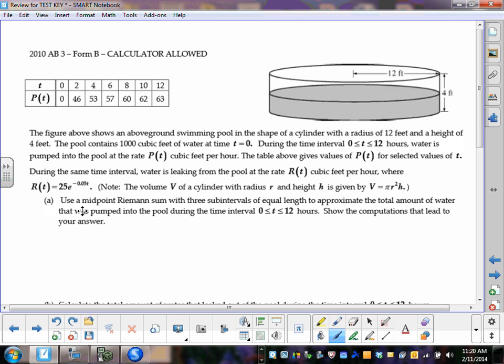Okay, the figure above shows an above-ground swimming pool in the shape of a cylinder with a radius of 12 feet and a height of 4. That means, because we're not doing an oil spill, that r equals 12 feet is actually a fixed constant. The pool contains 1,000 cubic feet at time 0, so I actually have the initial volume given to me.